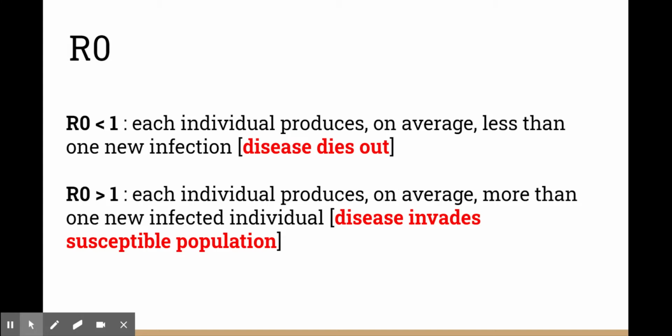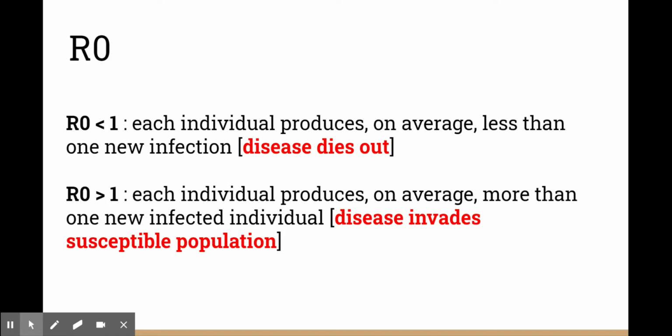Everyone is susceptible. Therefore, when we have an R naught of, let's say, 2, for every person who gets COVID-19, they will on average pass it to 2 more. We'll talk more about that in a second. So the magic number we want to hit is 1 or less than 1. As long as that R naught is greater than 1, disease will continue to spread in a population.